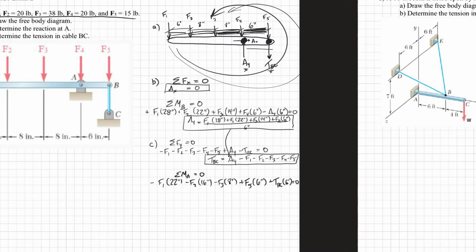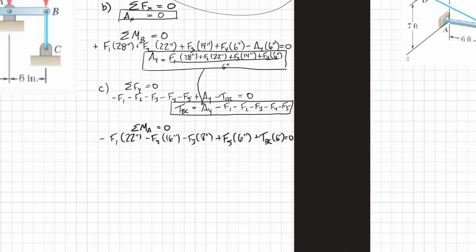Okay. And we could rearrange all of that and solve for TBC. And we would end up with TBC equals F1 times 22 inches plus F2 times 16 inches plus F3 times 8 inches minus F5 times 6 inches.